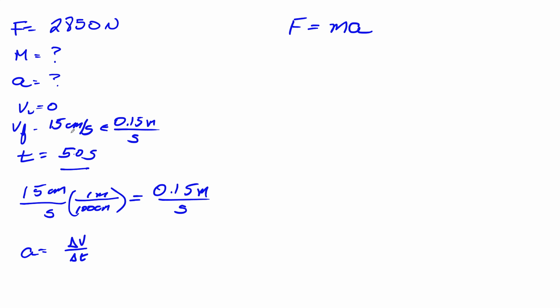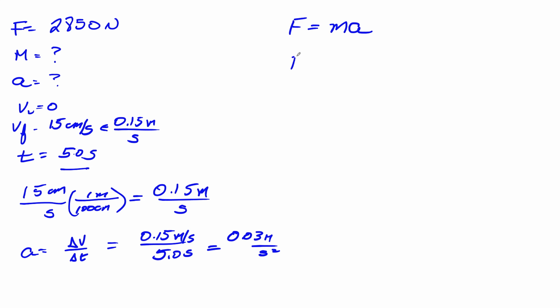Our change in velocity is 0.15 meters per second, so our acceleration is 0.15 meters per second over 5 seconds. I want to double check my math. That gives us 0.03 meters per second squared, and that's my acceleration.